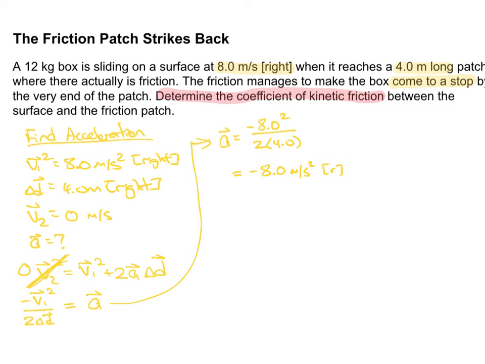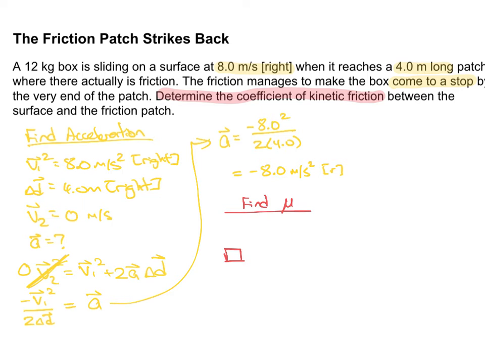Now in terms of finding the coefficient of friction, so this is the forces side or the dynamics side of this problem. Usually a good idea to draw a free body diagram.